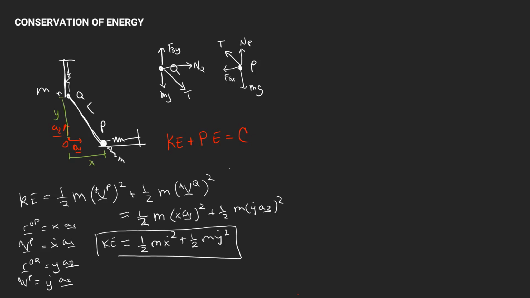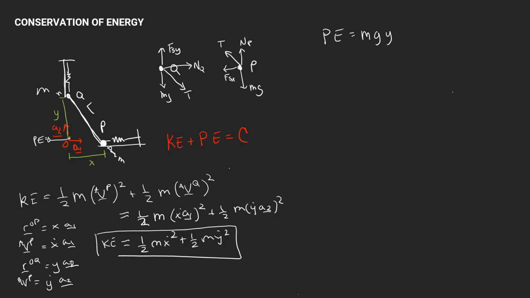So we can start by defining our reference height, where potential energy is going to be equal to 0. So we're going to call that here, PE equals 0. And so our potential energy that's going to come from the gravitational force acting on Q is equal to mgy.